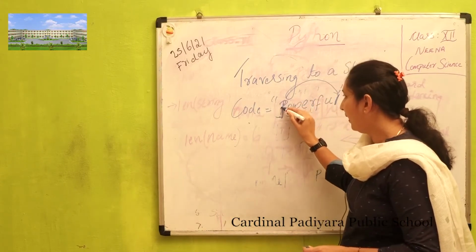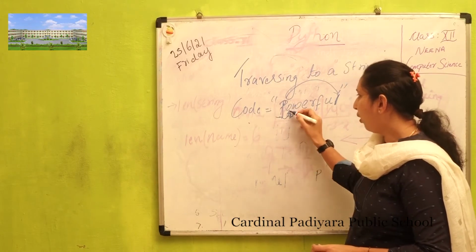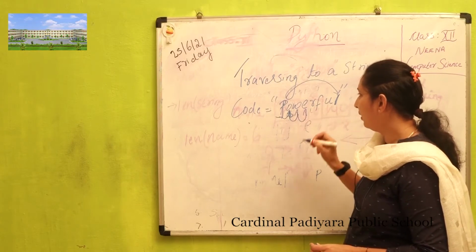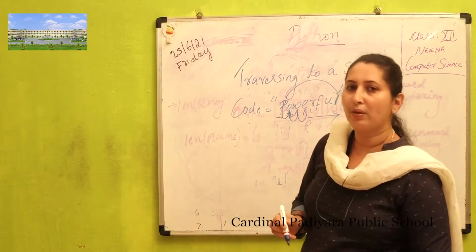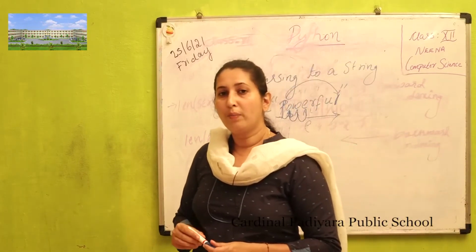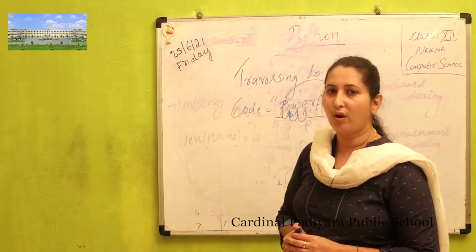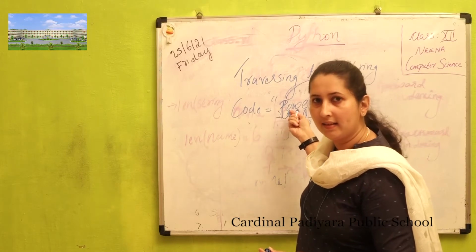Once we go to P, we go to the next element, that is O. Then we go to W, then E, up to L. Which loop do we use? A for loop is used for traveling from one element to another.